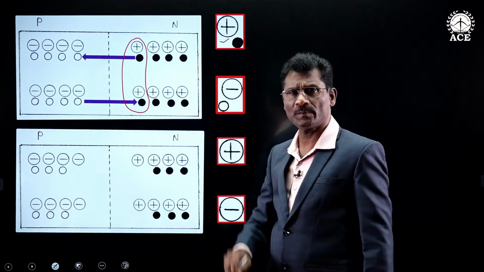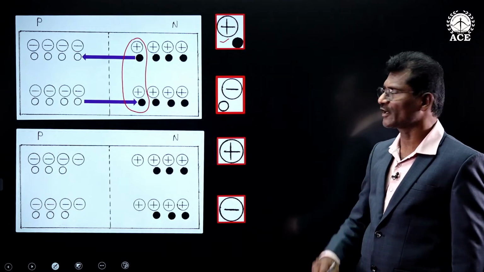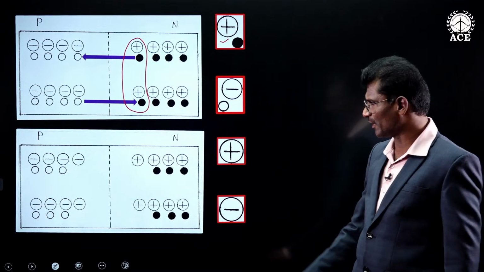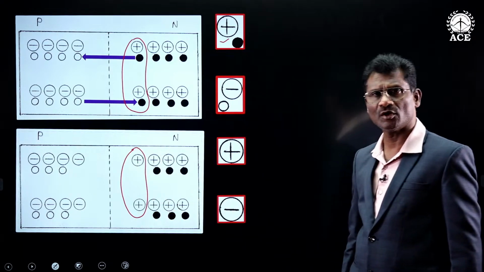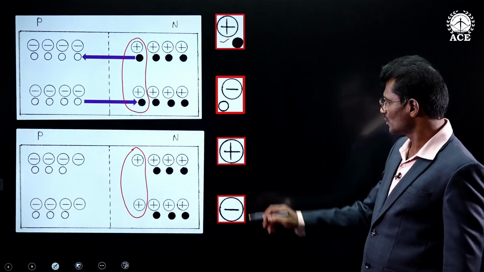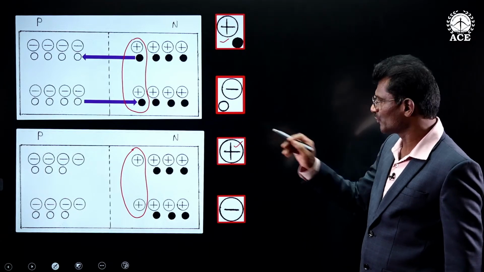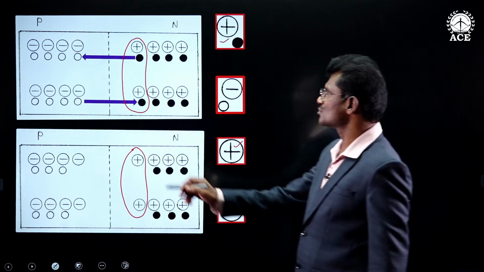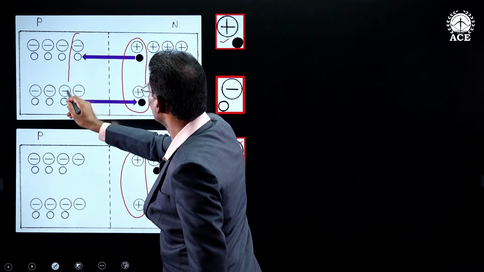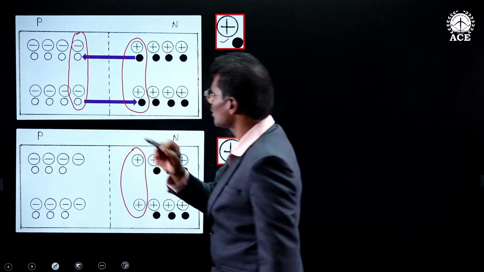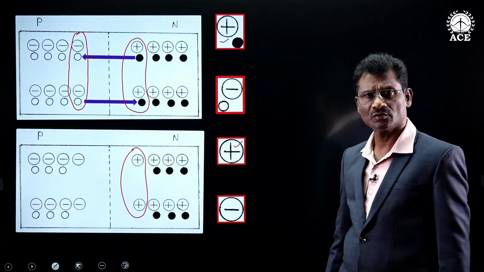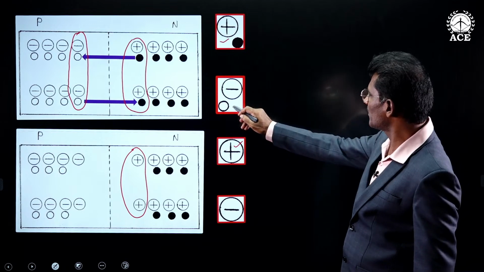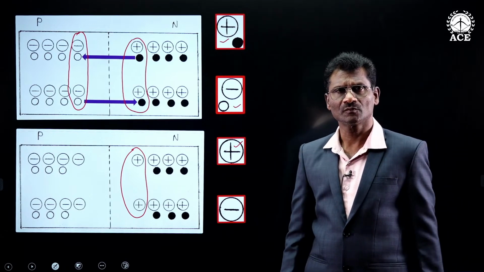Due to electron hole pair recombination, they have lost electrons, and hence they have become positive ions. That is what is shown here. Similarly, all these atoms are acceptor atoms with excess holes, which are basically electrically neutral.